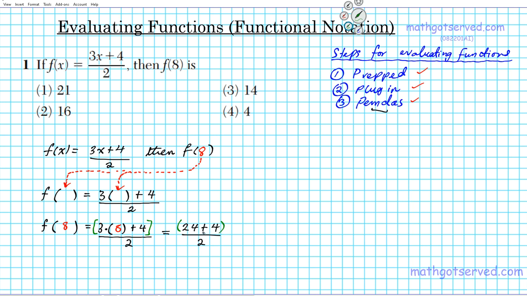So we're going to add the top. And then we have 28 divided by 2. So we're done with the parentheses on the top or the grouping. Now we're left with the division operation. 28 divided by 2 is 14. So the answer here is option number 3.